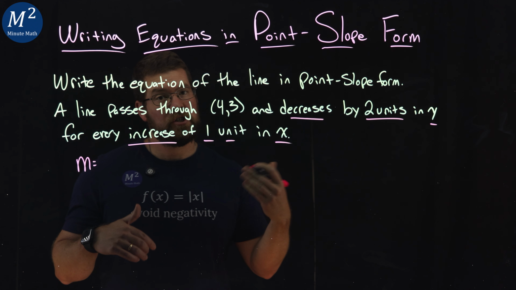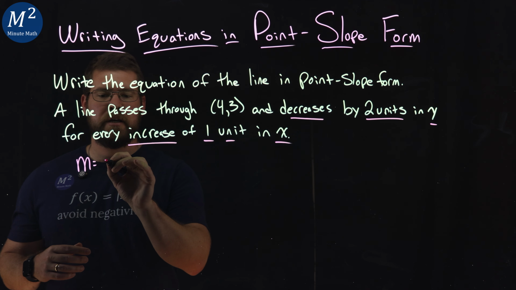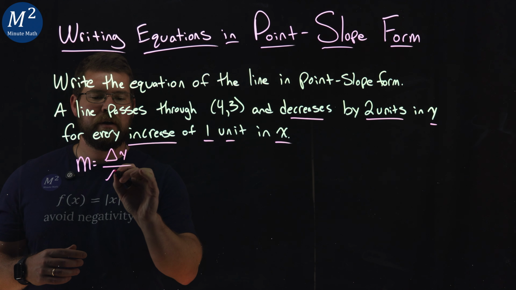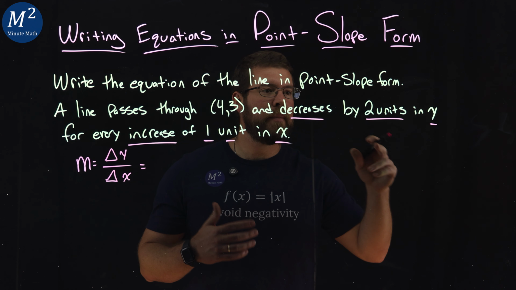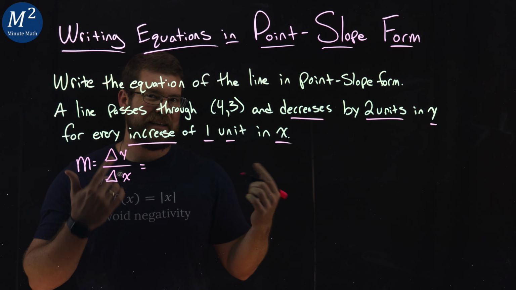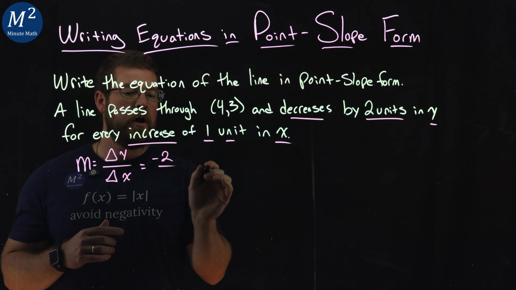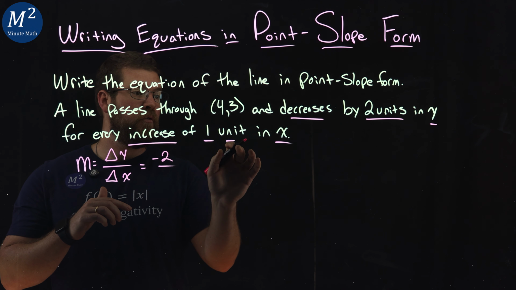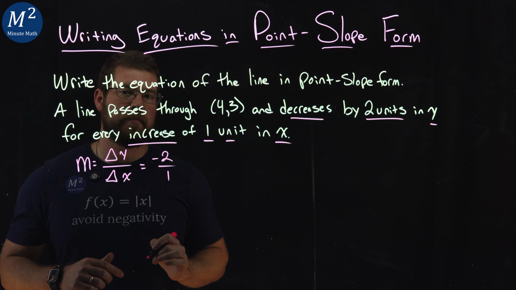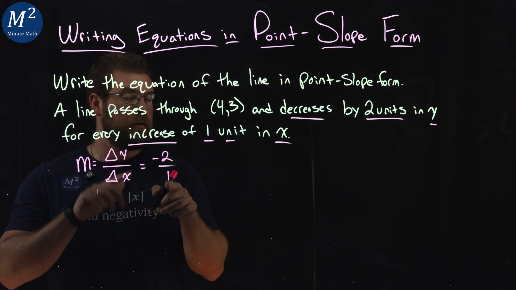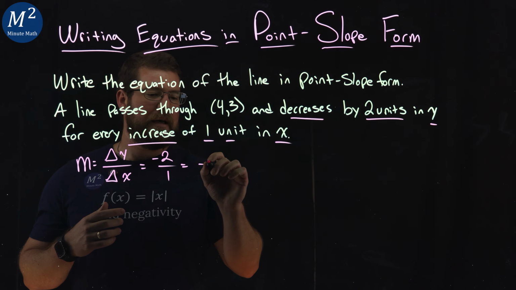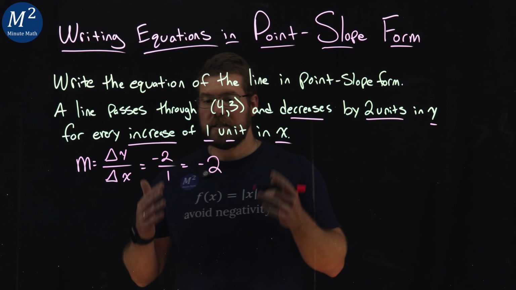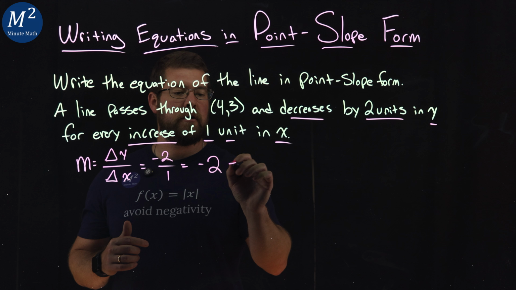Our slope is our change in y over change in x, delta y over delta x. It tells us we're decreasing by 2 units in y, so that's that change, -2, for every change of 1 unit in x, right? So positive 1 in the denominator, -2 in the numerator, and this just simplifies to -2. So we simplified to be -2 right here for our slope.